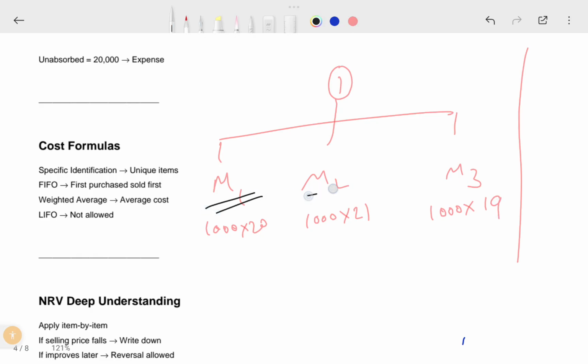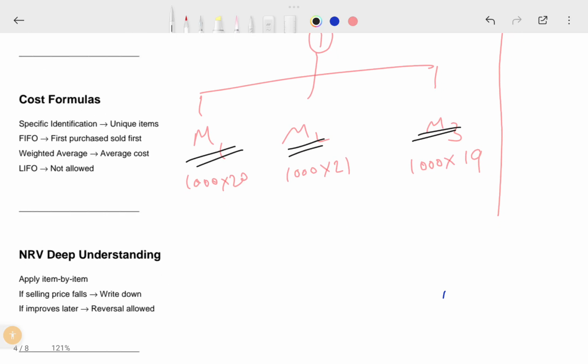Prices change based on the demand for the product. In all these cases we need to determine the cost formula, specific identification or other methods. The item is the same, item A, but bought in different months, on different days, and possibly in different quantities. In the example, for easy calculation, I took the same quantities.